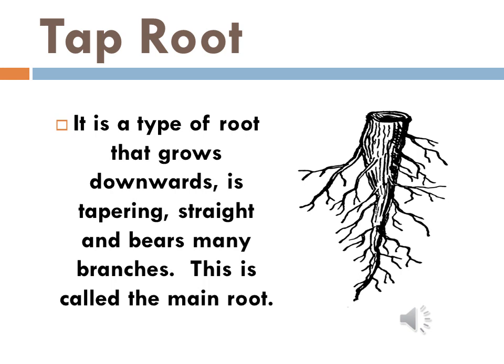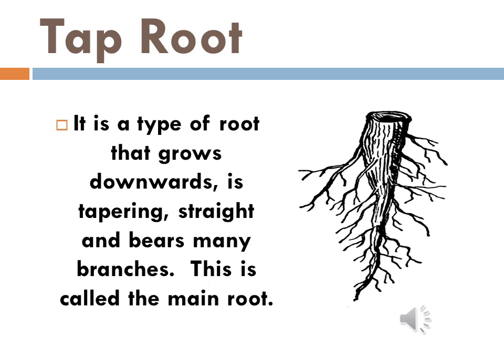Tapering means it is broad at the top and gets narrower and narrower, and finally joins as a tip. It is in conical form and straight and bears many branches, and this is called the main root.